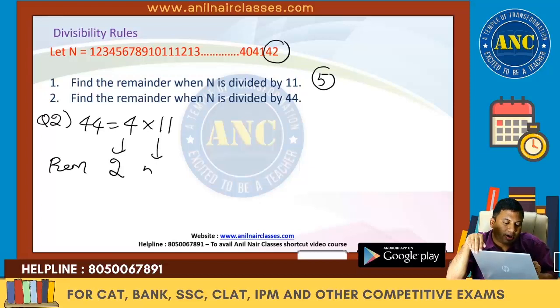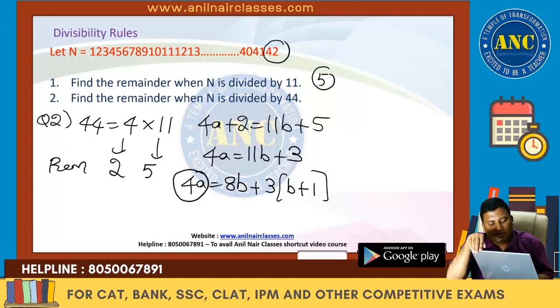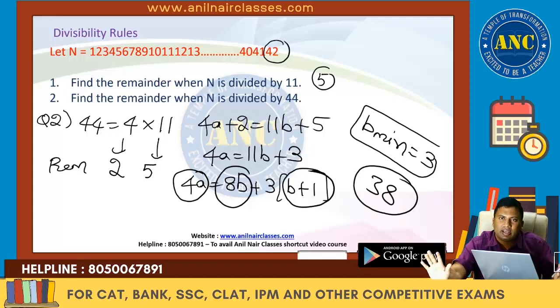Divided by 11, the remainder is 5. So 4a plus 2 is equivalent to 11b plus 5. 4a is nothing but 11b plus 3. 4a is nothing but 8b plus 3 into b plus 1. So this is divisible by 4, this is divisible by 4. B plus 1 should be divisible by 4. B minimum is 3. Minimum 3 means 33 plus 5. Answer is 38. Idea clear? Answer is 33 plus 5, 38.